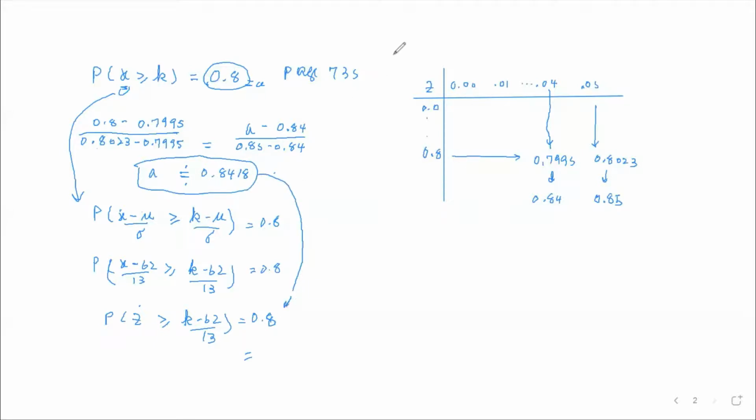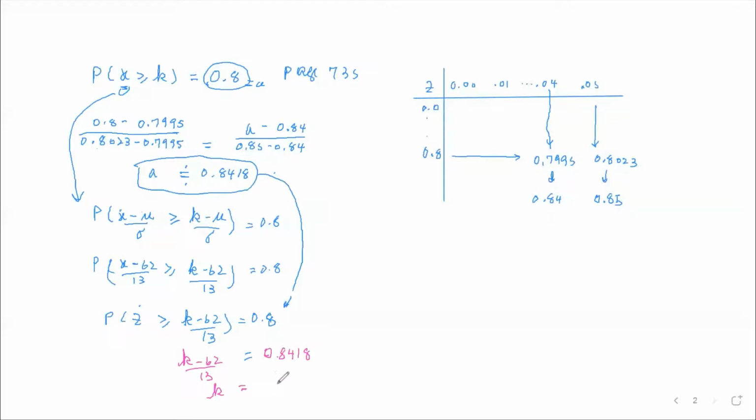The next step is K minus 62 over 13 equal to 0.8418. Then you simplify and do cross multiplication to get the value of K.